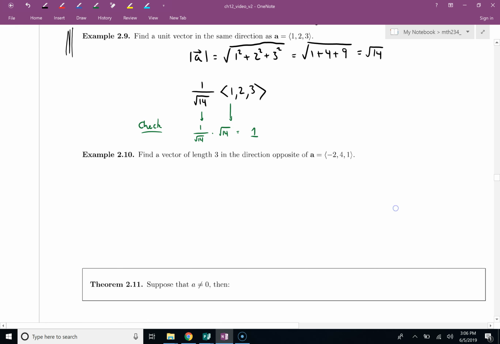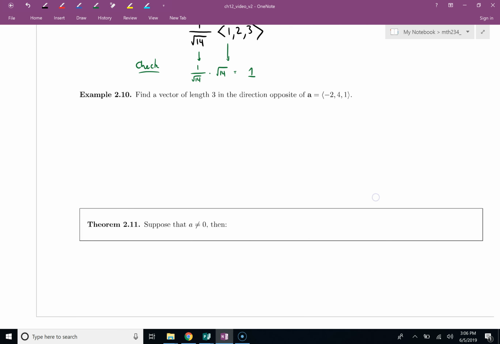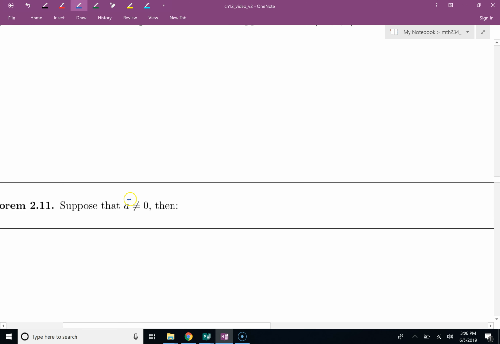All right, in fact, maybe we'll skip this one really quick, and we're going to put this result in a box down here. So suppose that we have some vector, let me really denote this. I think I forgot to bold it there. This is a vector that is not equal to the 0 vector.